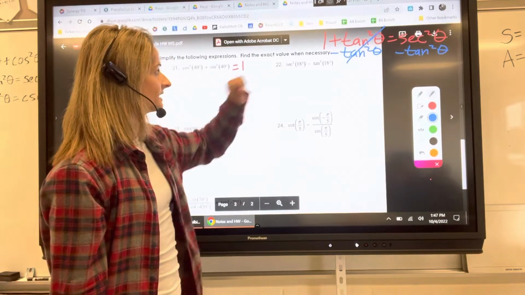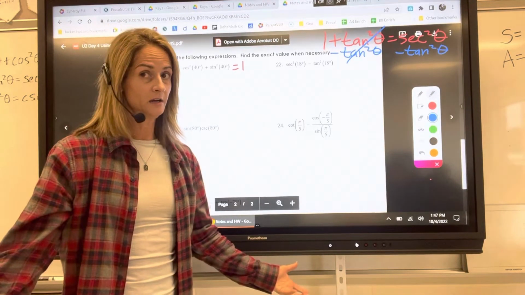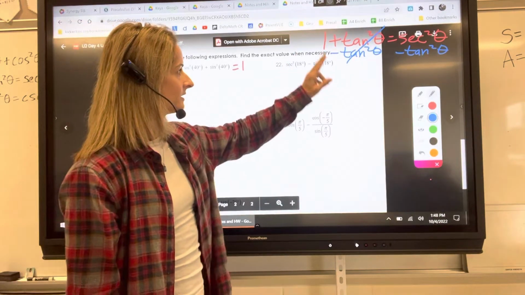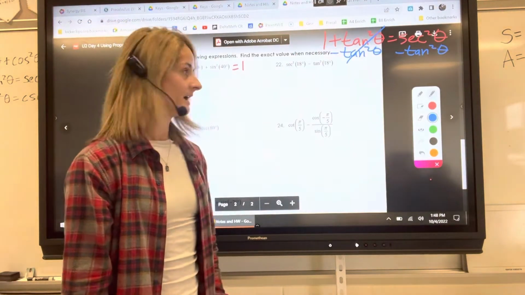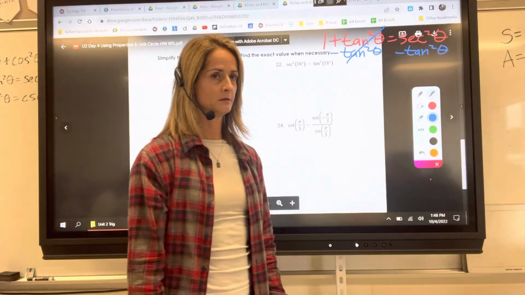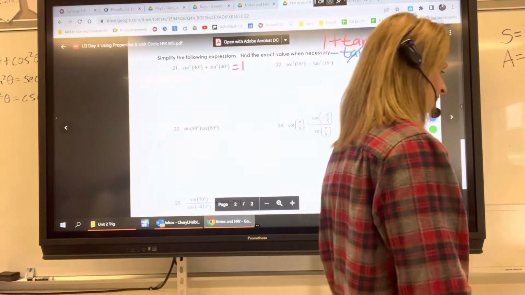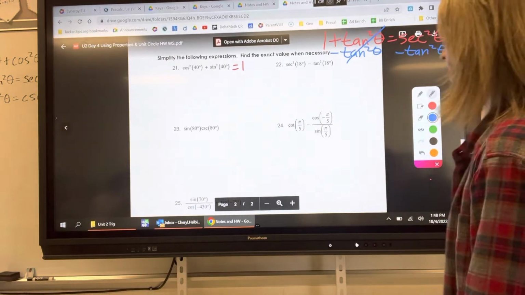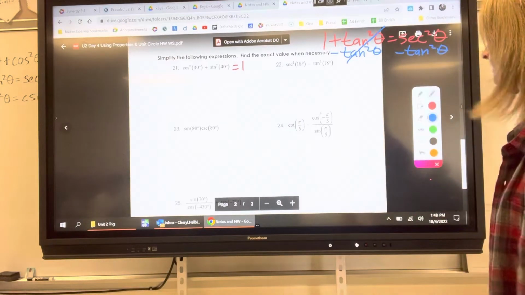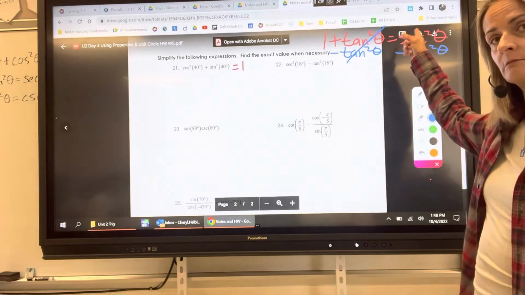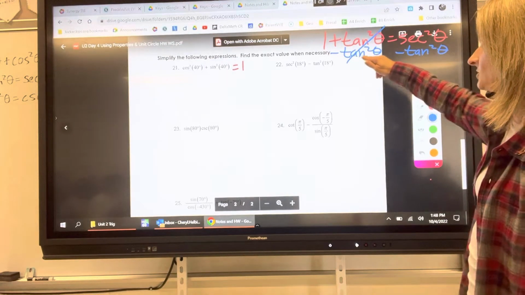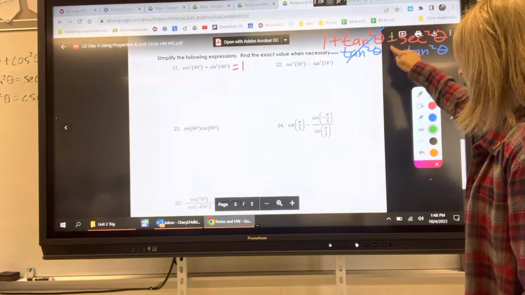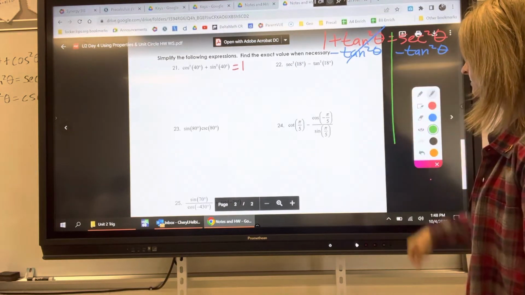So we've got the secant squared of theta, in this case theta is 18, minus the tangent squared of 18 degrees. What's that going to equal? Should I rewrite what I wrote up here? Once you subtract tangent squared from both sides, remember from algebra 1, there's a line down the center, there's your equal sign.